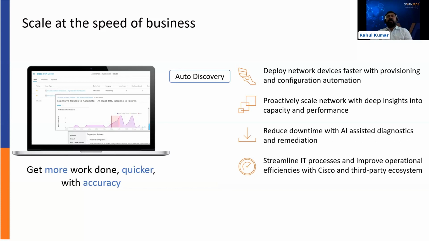When you talk about Cisco DNA Center, whatever assets you have in your data center, it will help you do the auto discovery. Cisco DNA Center helps you design, deploy, and manage a large scale network at a very fast pace. It doesn't matter if you have a data center and multiple branches, you can manage all the devices from the same console itself.